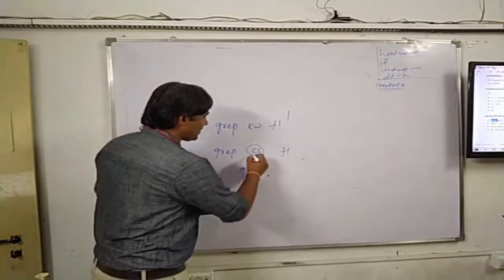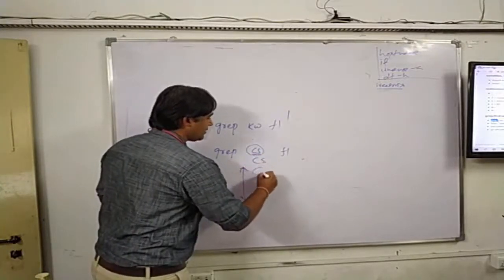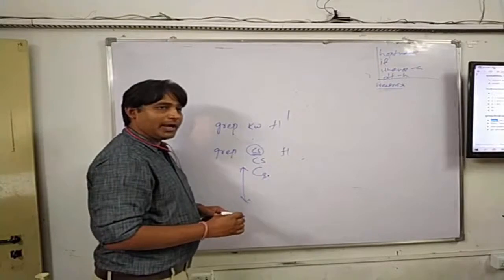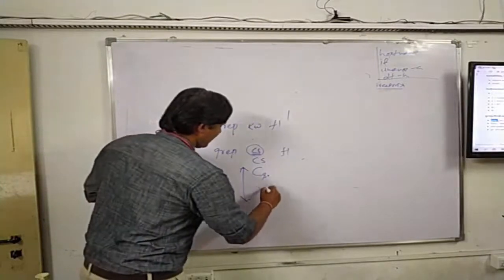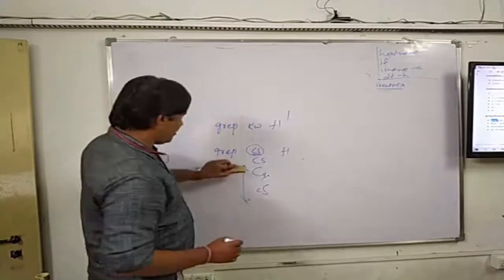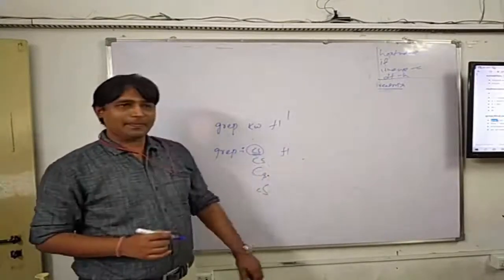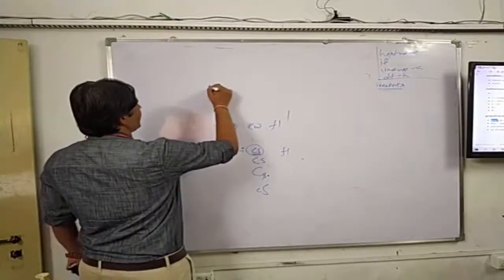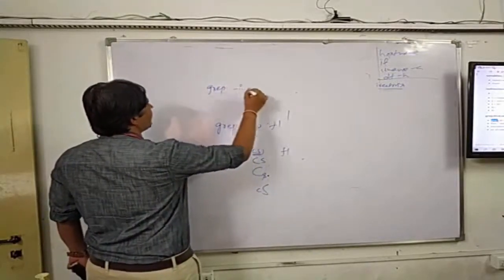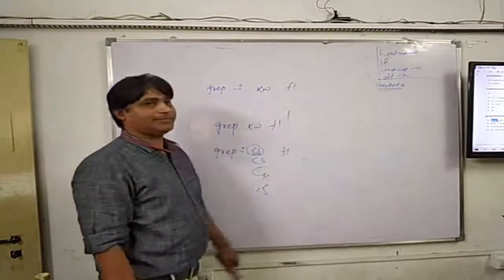Now, obviously, sometimes you write small letters, sometimes capital letters, sometimes a mix. You don't really know the case, so you ignore the case using -i. This is the most popular command. Grep, ignore the case, search for the keyword from the file.